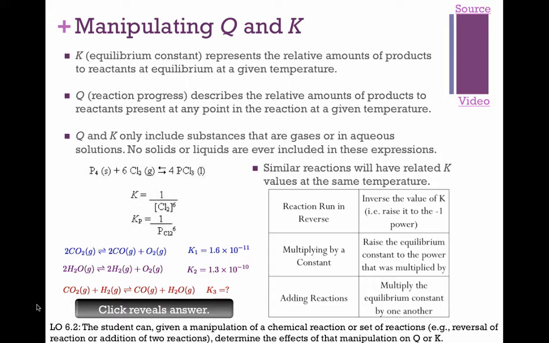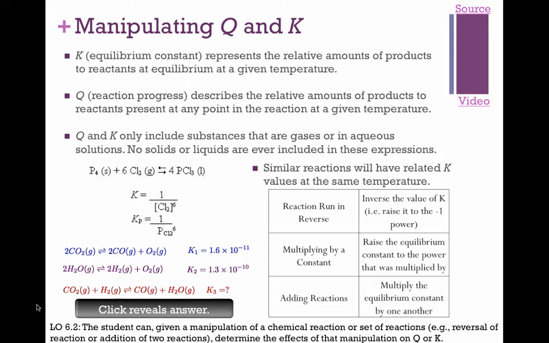Normally, like in delta H or delta G, it would be negative, but you always do it to the power. So it's actually to the -1, which is 1 over K. It's the reciprocal. And then if you have to add 2 reactions together, you multiply your Ks. And remember, K is all about multiplying and exponents. So this gives you an example down here.